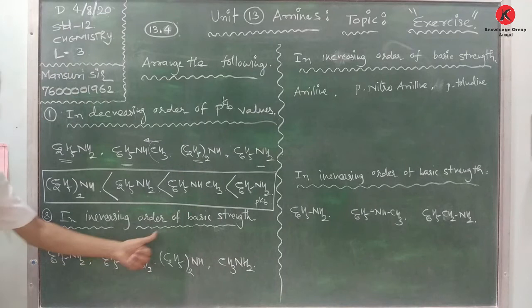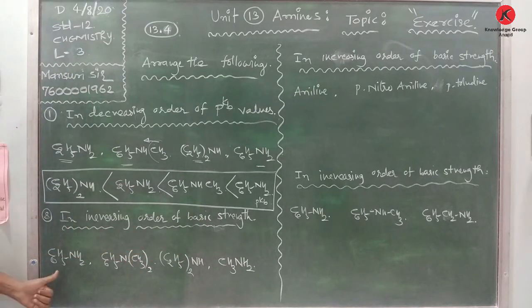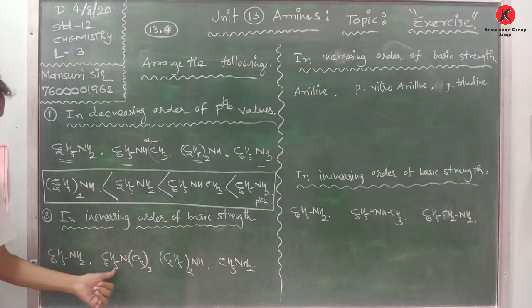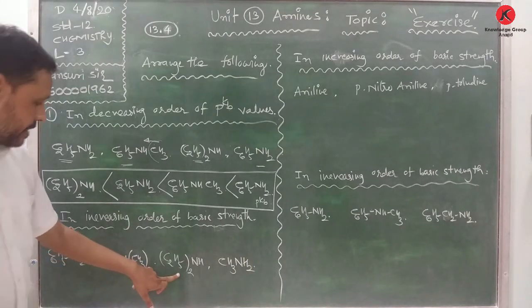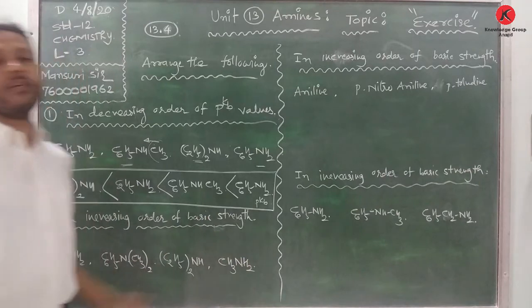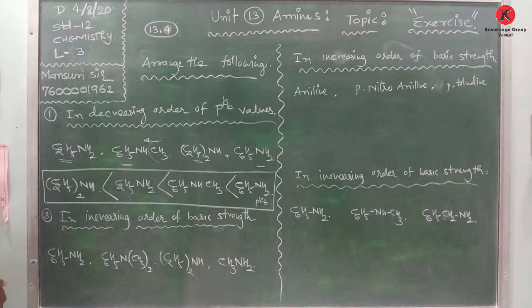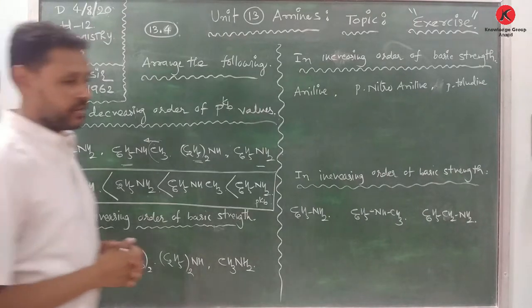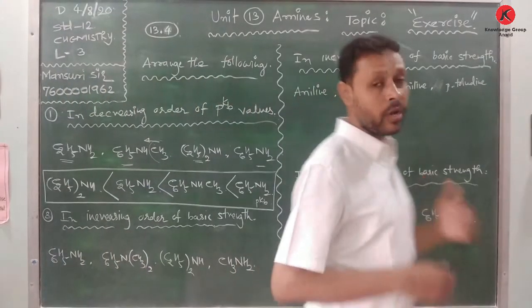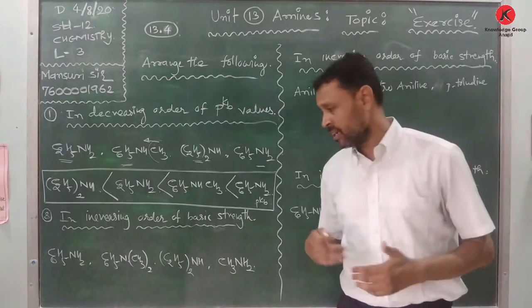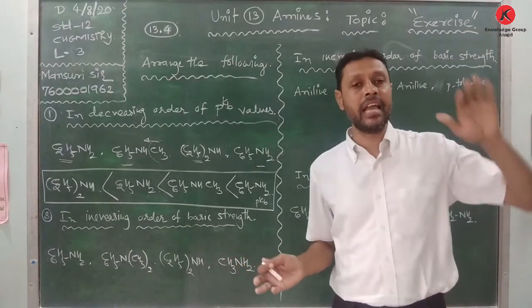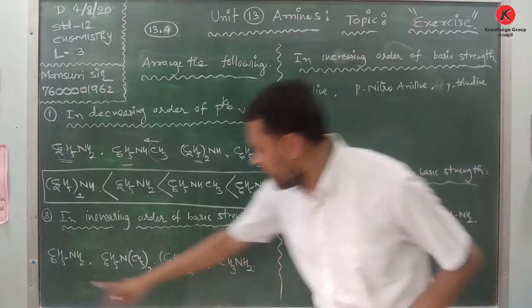In increasing order of basic strength, you can see here you are given aniline, N-methylaniline, diethylamine, and methylamine. You know very well that when alkylamine and arylamine are both given, then you have to distinguish them as aliphatic and aromatic.